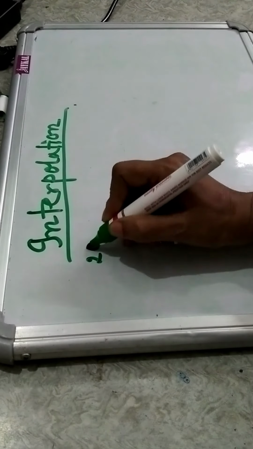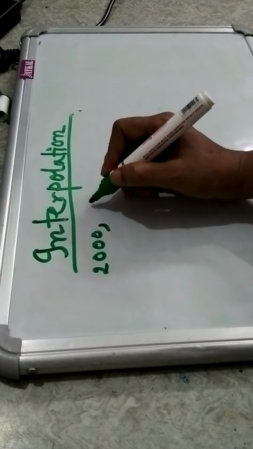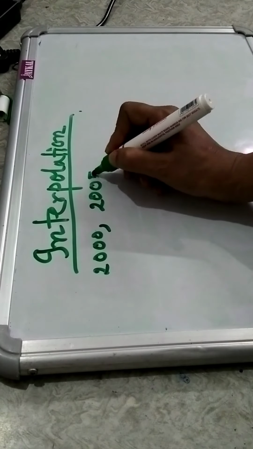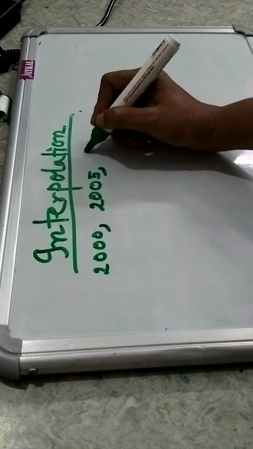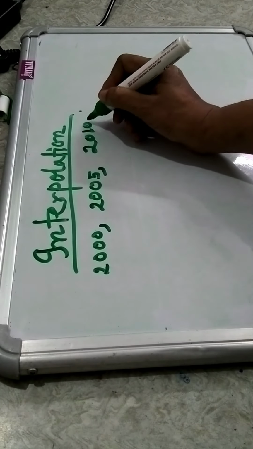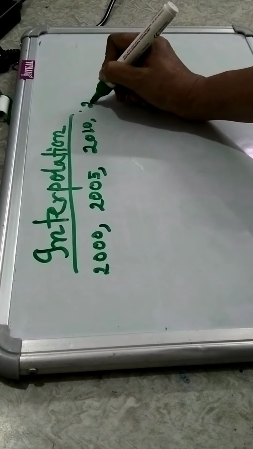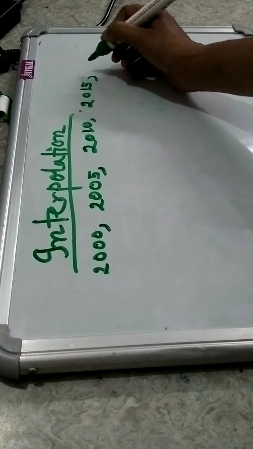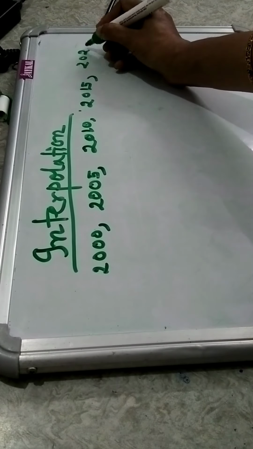For example, we are given the production of tea in Assam for the years, suppose 2000, 2005, 2010, 2015, 2020.